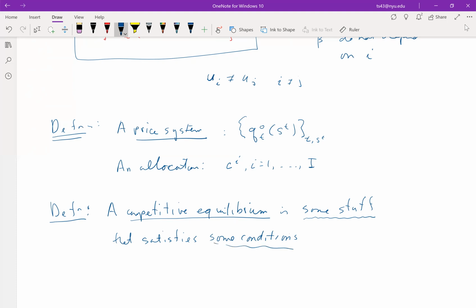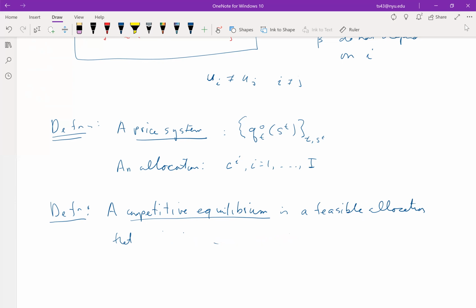Okay, so what's a competitive equilibrium? I'll just fill this in. It's a feasible allocation and a price system. So that's the stuff that satisfies some conditions. What's the condition?